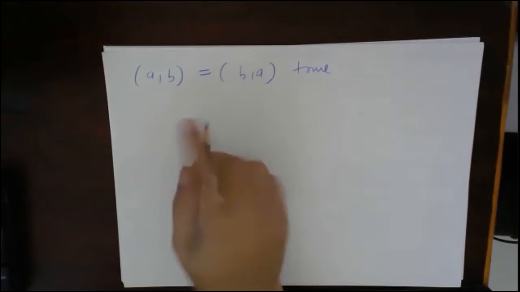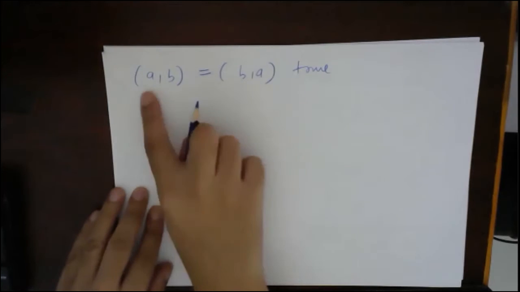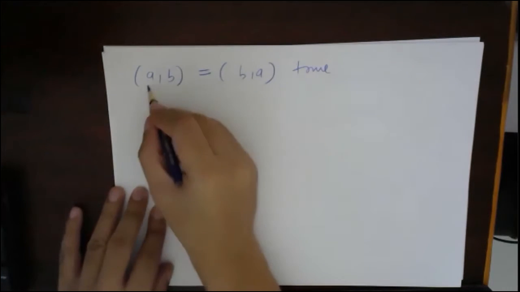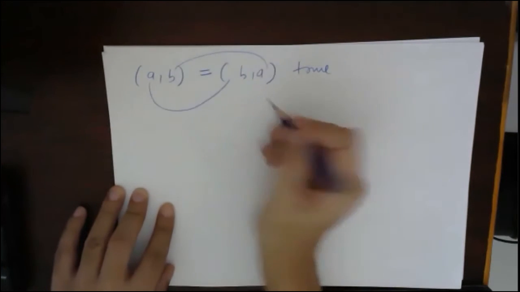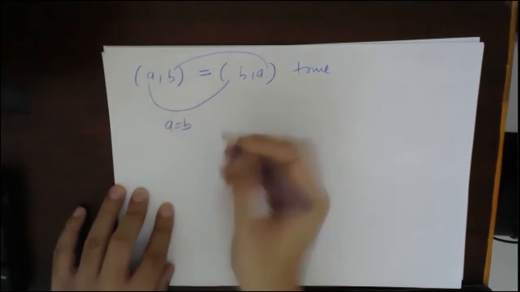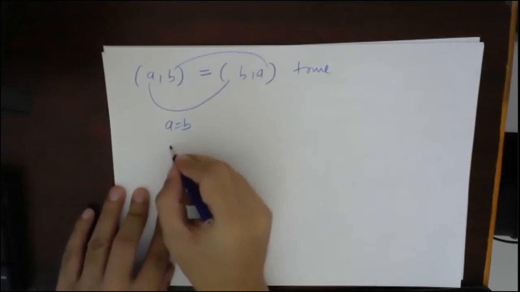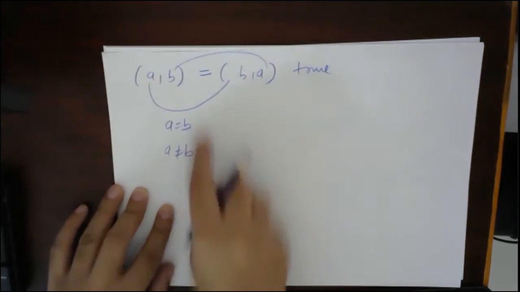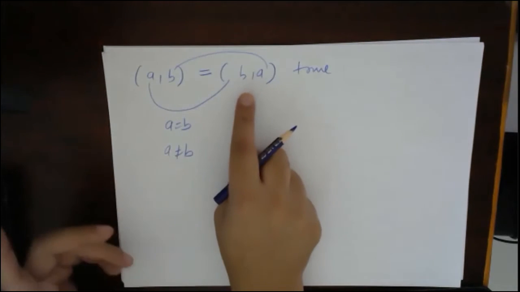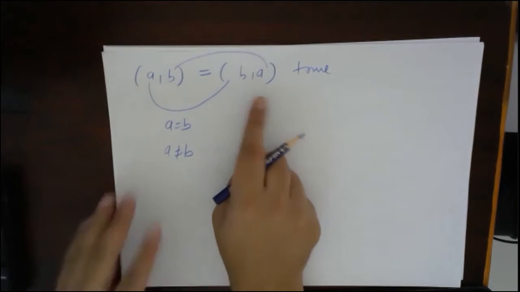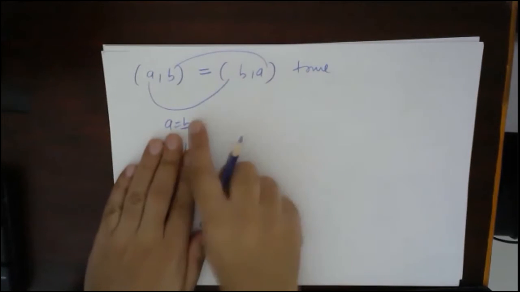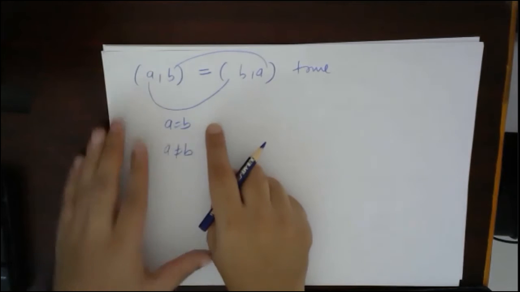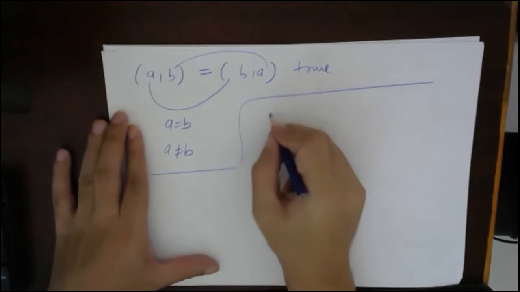But I'm saying only when they are equal. These two will be equal when A is equal to B. And if A is not equal to B, can this ever be true? No. Understood what I'm trying to say? That I'm giving that this is true only when A is equal to B. Understood? Fine. Very good.